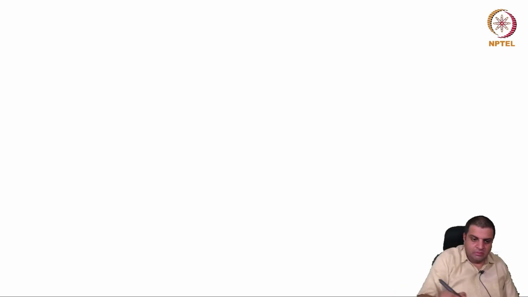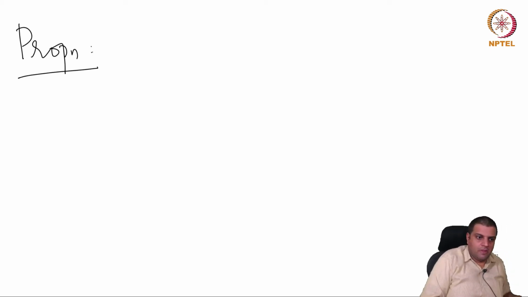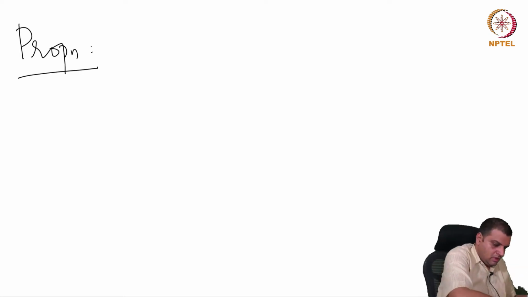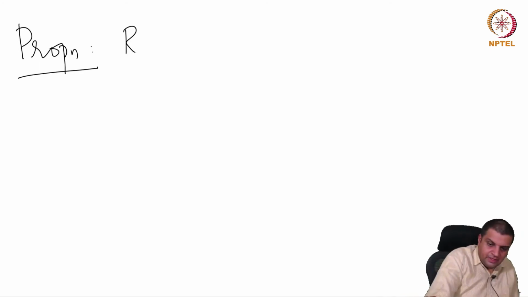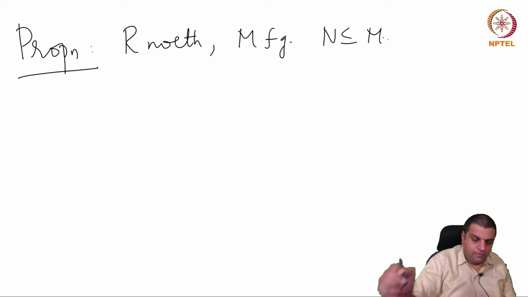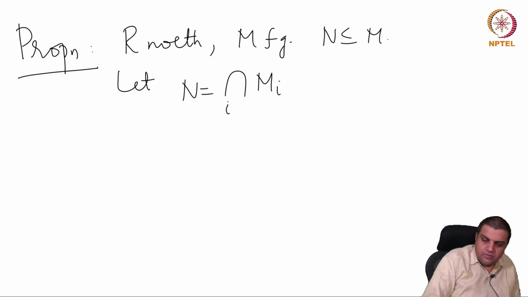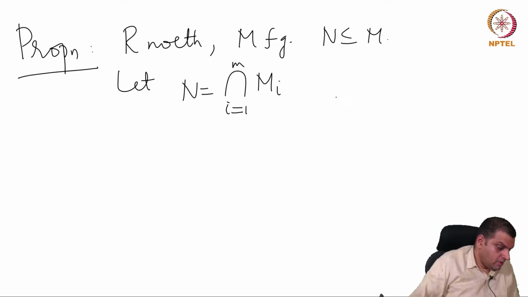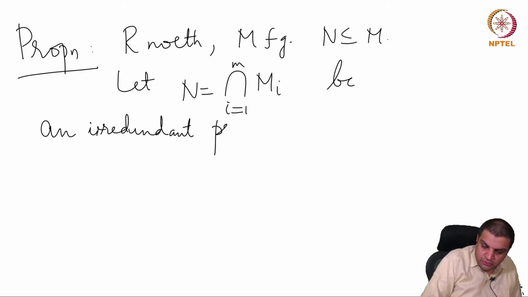Okay, so here is the proposition. R Noetherian, M finitely generated, N inside M. Let N equal the intersection of M_i, i from 1 through some m, be an irredundant primary decomposition.